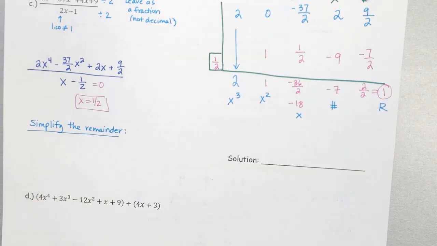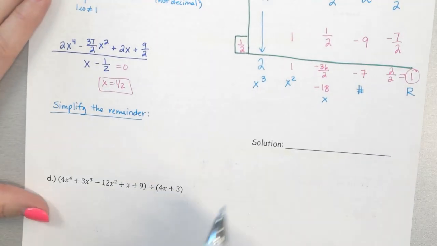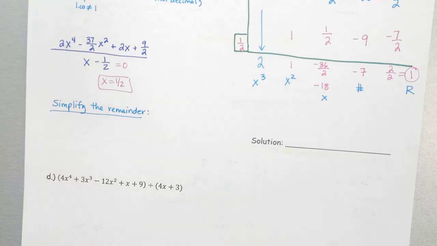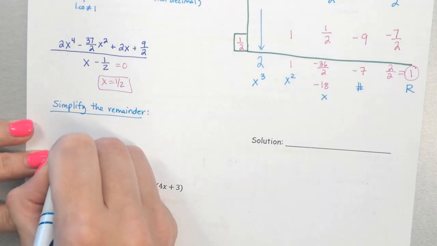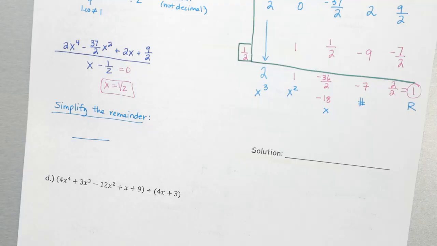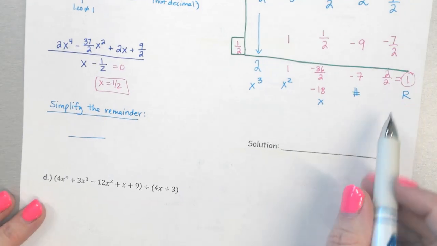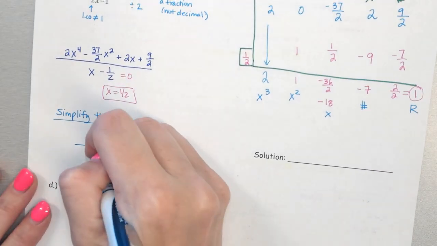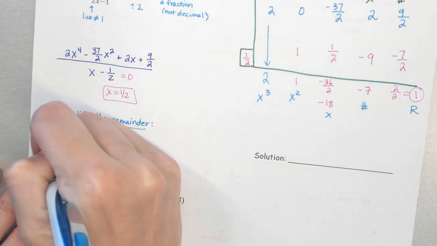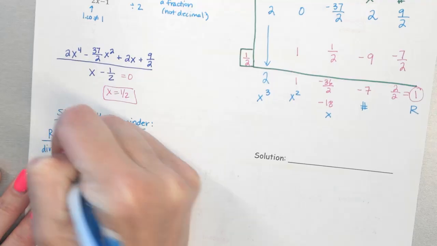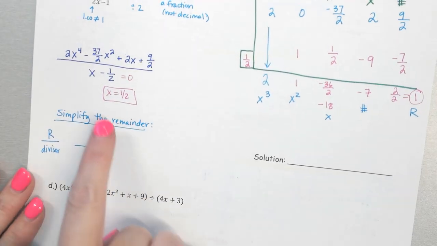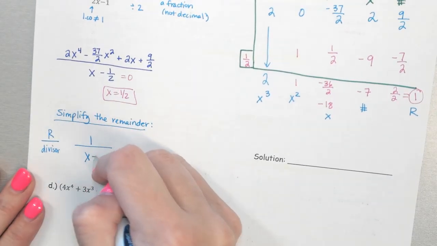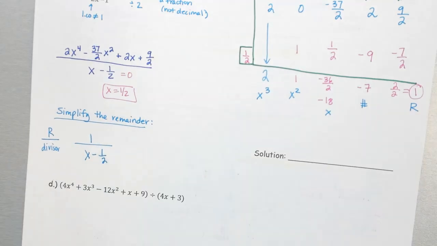We are going to multiply by what changes your denominator so that it is no longer a fraction. So let's write out: your remainder is 1. Normally your remainder goes over the divisor. In this case, your divisor is x minus 1/2 when you simplified it.